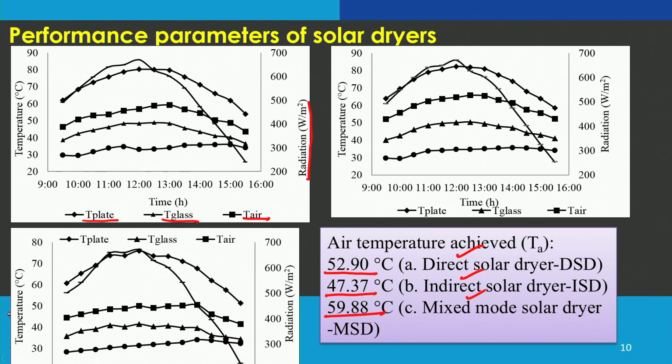Here the air temperature is found to be maximum in case of the mixed mode solar dryer, because the mixed mode solar dryer takes the advantage of heating the air through the collector as well as the drying chamber, where the combination of direct and indirect type solar dryer technology is incorporated. In case of indirect, the top cover of the drying chamber is opaque, so direct radiation is not falling. So, maximum temperature is achieved for the mixed mode solar dryer.